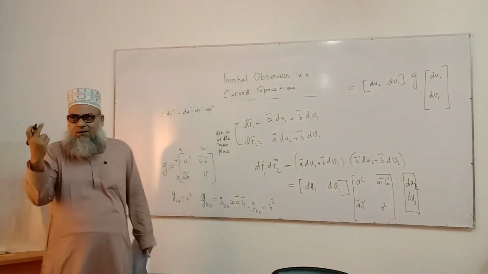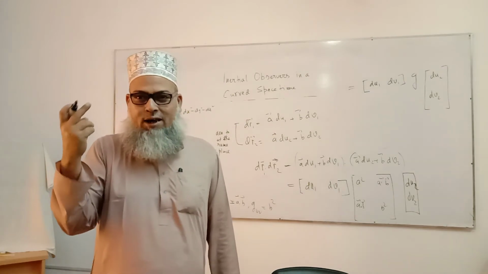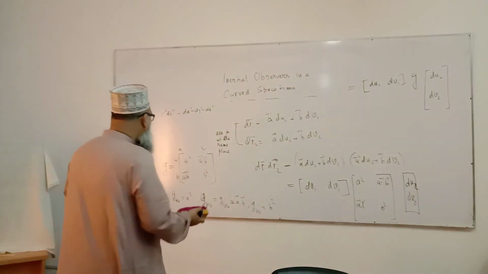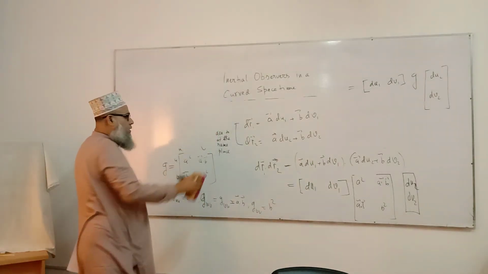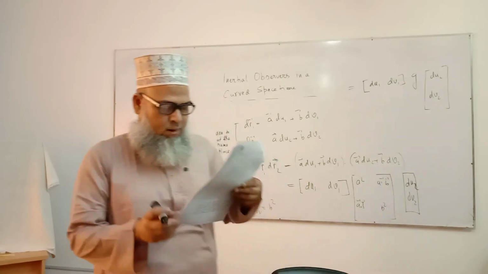The values of G are either 1 or minus 1. But in curved spacetime, the values are not so simple.